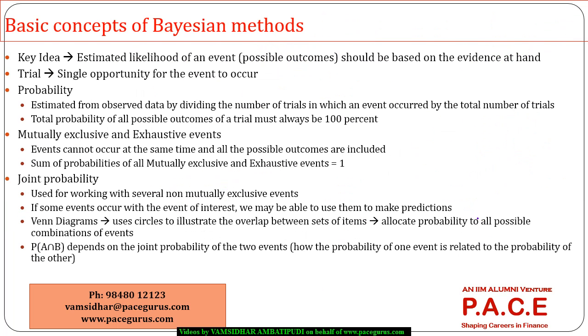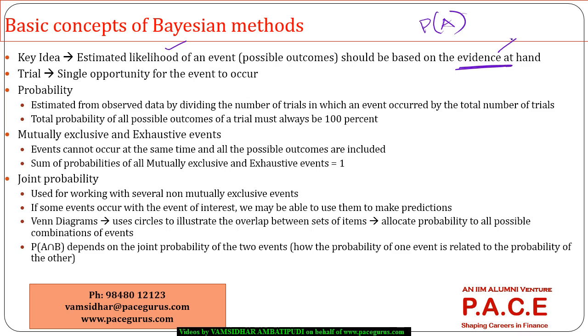Coming to some key concepts associated with the Bayesian methods. The key idea is any estimate of the likelihood of an event occurring, so the probability of the occurrence of A. The estimated likelihood should be based on the evidence that I have at hand, based on the existing data.